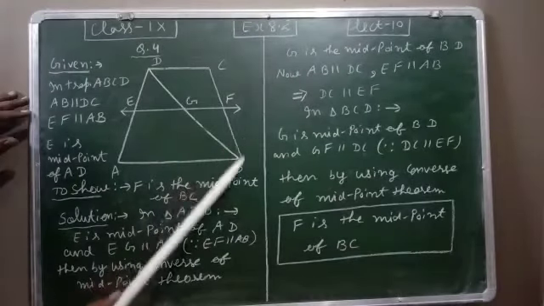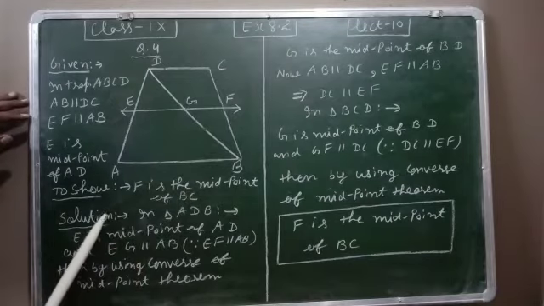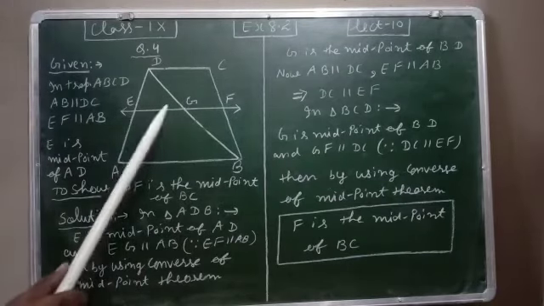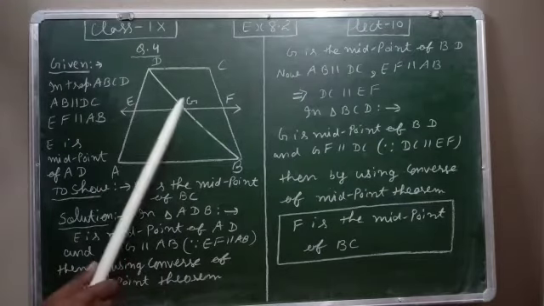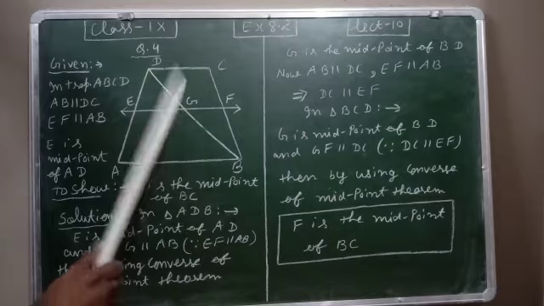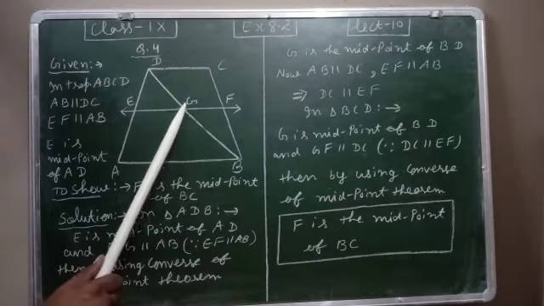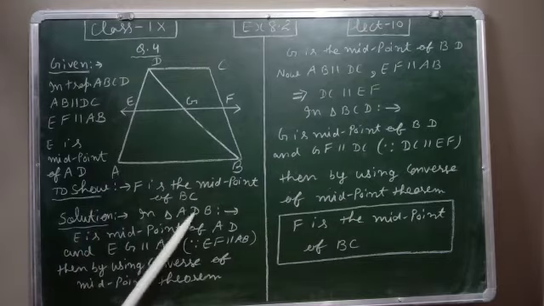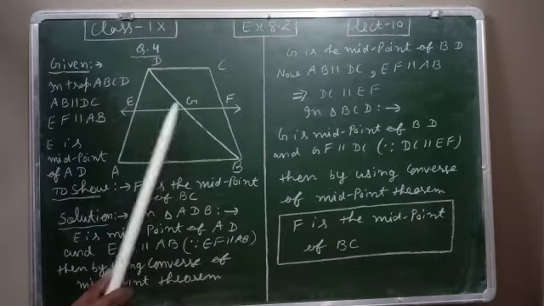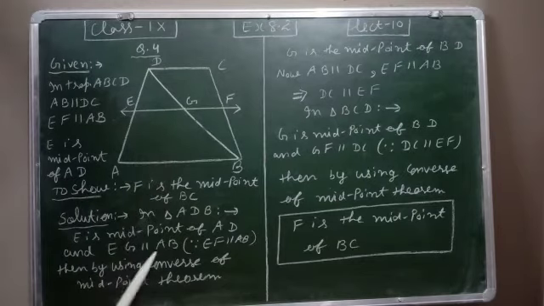Solution. Here the figure is A, B, C, D. This is a trapezium. This point is not given, so we ourselves will write here: let this be point G. Let us take triangle ADB. In this triangle, E is the midpoint of AD, and EG is parallel to AB because EF is parallel to AB.